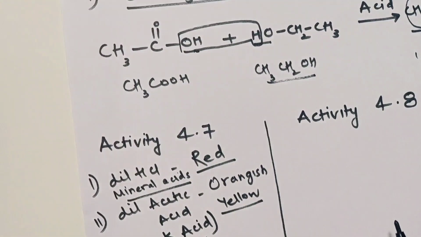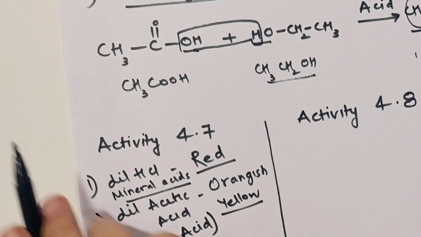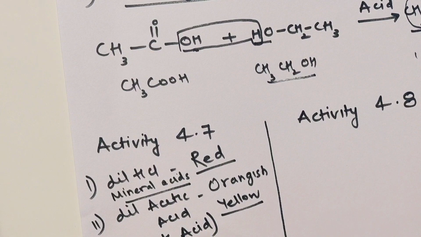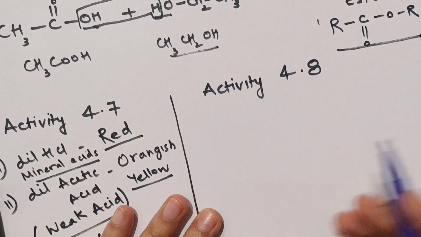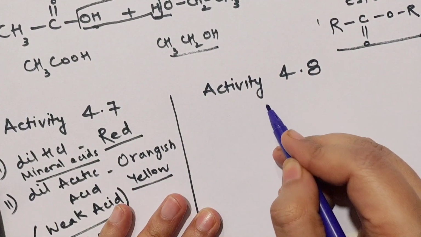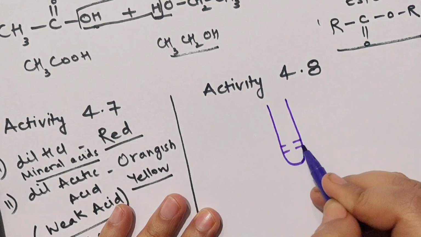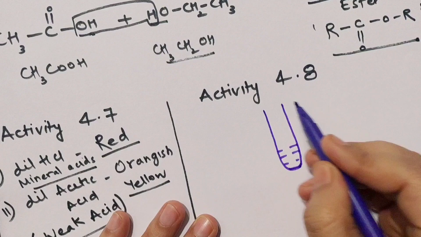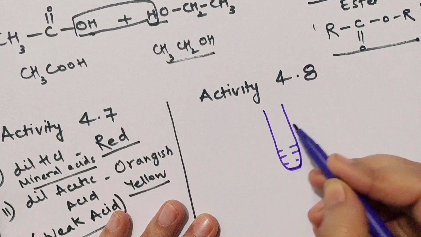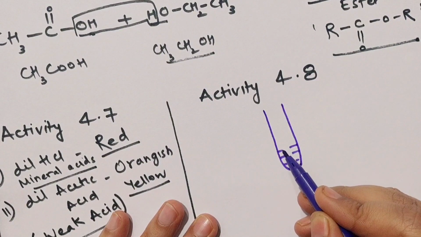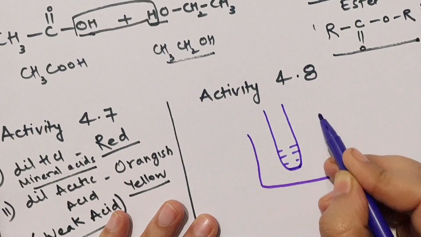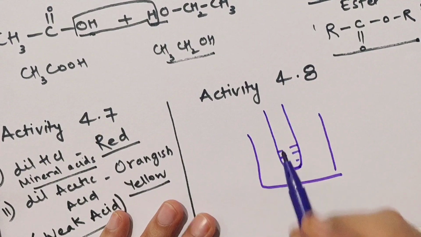Now the next activity is about esterification. So what happens is, you take a test tube and you add alcohol to it. Then you add glacial acetic acid to it. You take the mixture in a test tube and put that in a water bath.